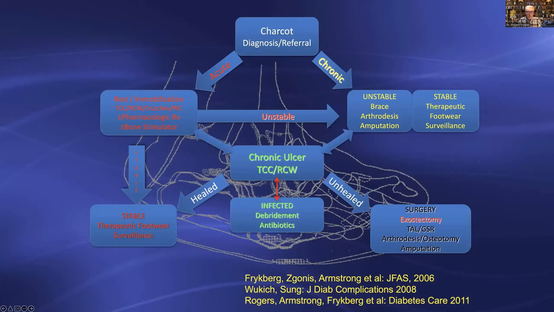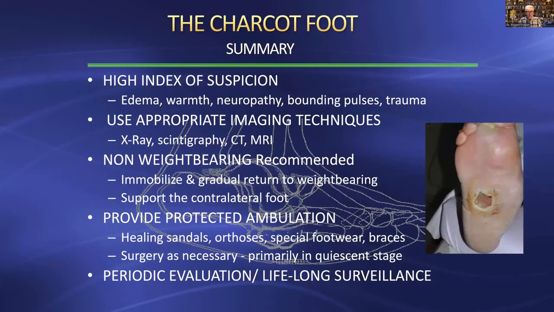So in summary, dealing with this very complex conundrum, if you will, you must have a high index of suspicion. And at the earliest presentation of that patient with a history of trauma, think of Charcot foot at its earliest, hopefully in that stage 0 before deformity sets in.